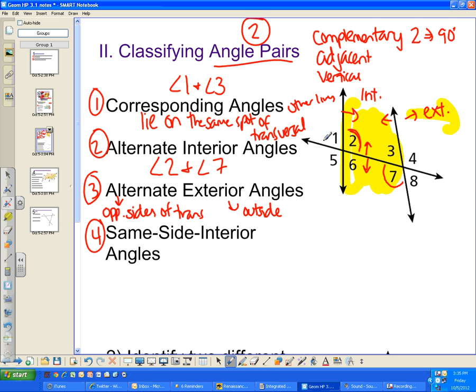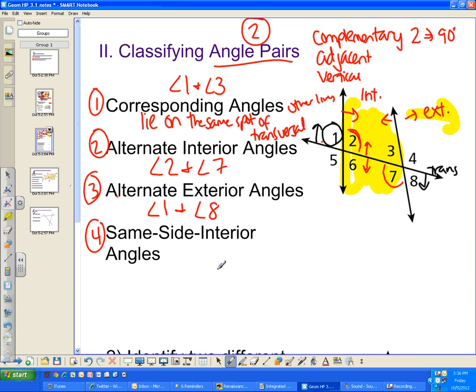Say I wanted to talk about angle 1. It has to be touching this other line and has to be exterior. See how this one's above the transversal? This is still my transversal. Since it's alternate, the other one has to be below, touching this line, outside. So angle 1 and angle 8 are alternate exterior angles.